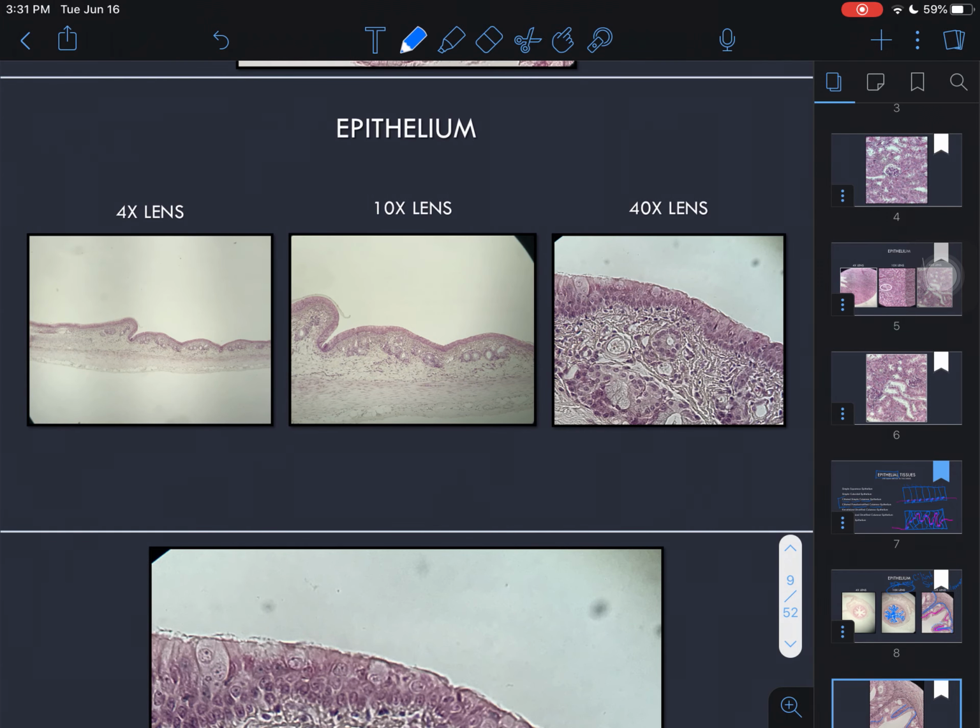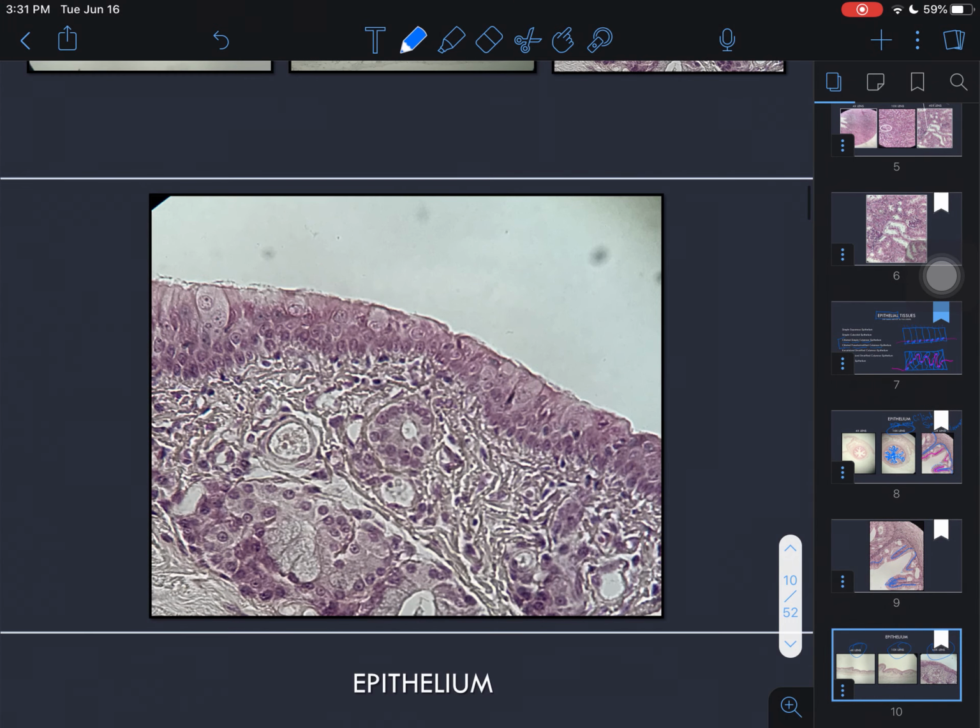The next thing we're going to talk about is pseudostratified. Again, we have the 4x, 10x, 40x, right? This is just a blown up version of the 40x. Here's our nuclei. See how squished together these guys are?